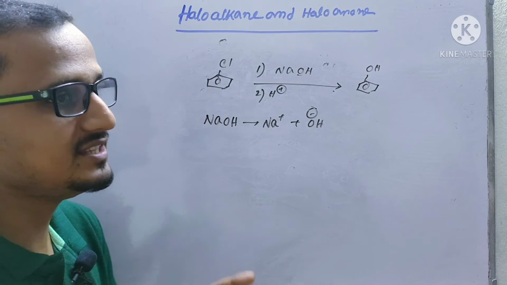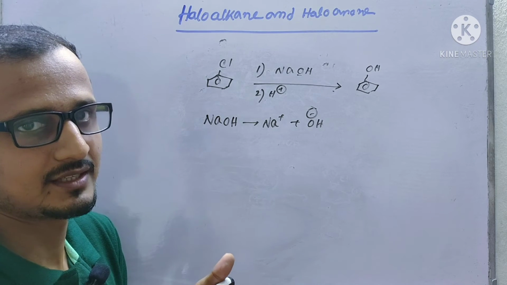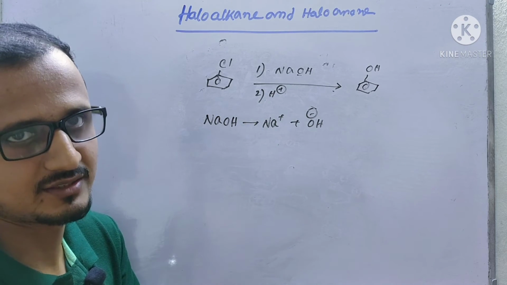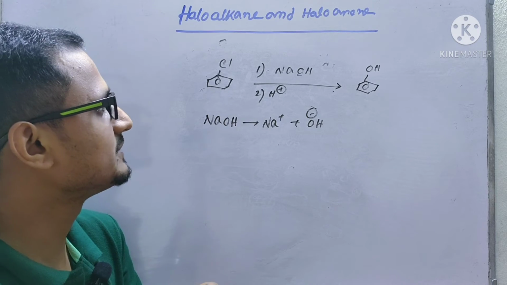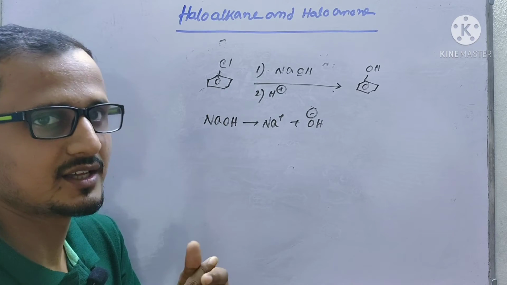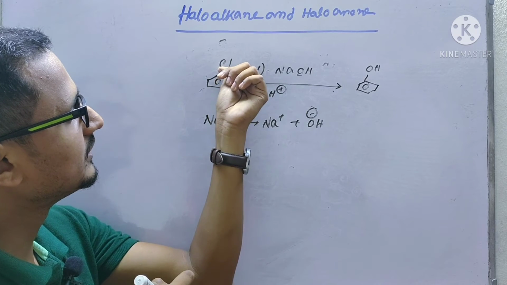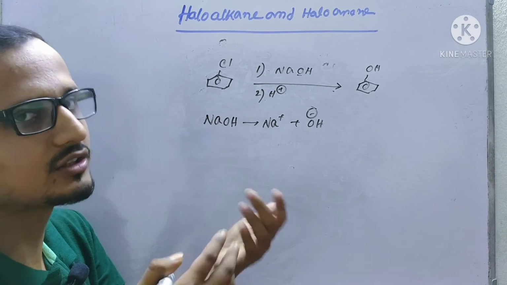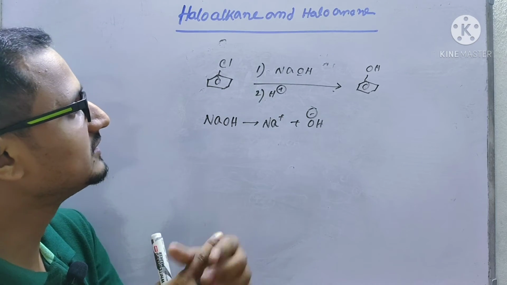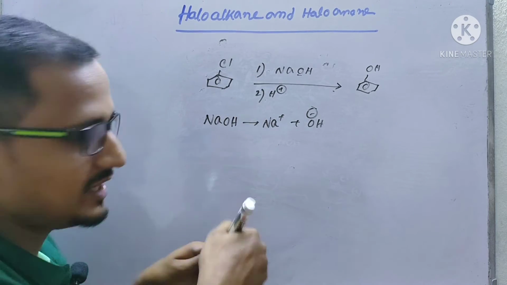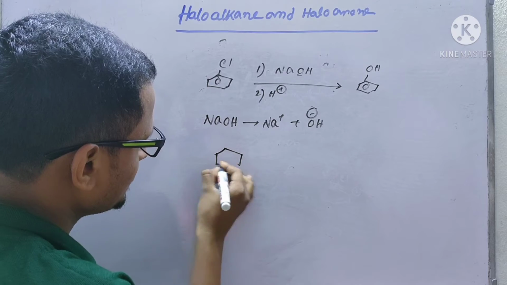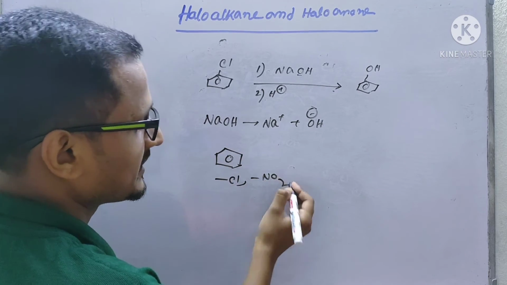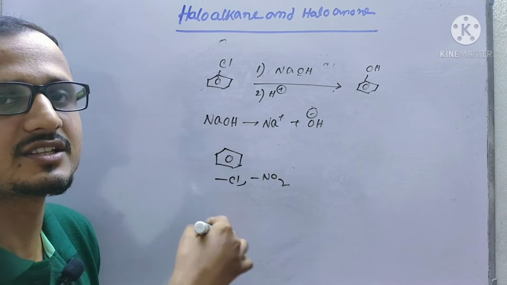But normally benzene does not participate in the nucleophilic substitution reaction. But if the hydrogens of the ortho and para positions or the meta positions are replaced by an electron withdrawing group, if benzene is attached with an electron withdrawing group like Cl, NO2, then nucleophilic substitution reaction can be possible.